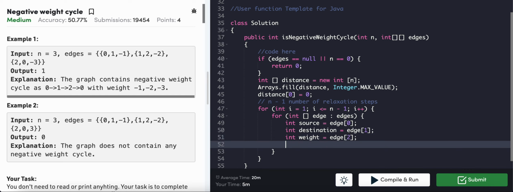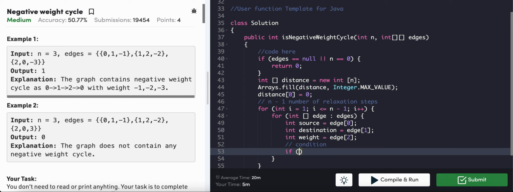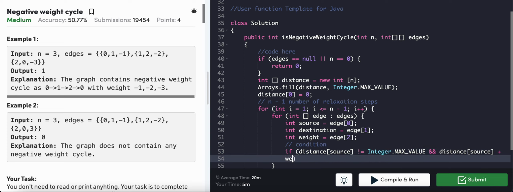Now our main relaxation condition. What is the condition? Our distance of the source should not be max value, and distance of source plus weight must be less than distance of destination.